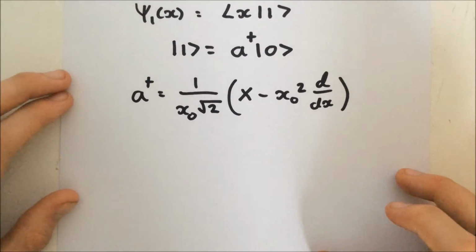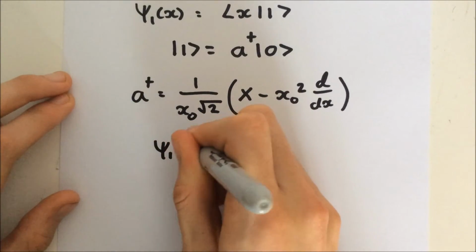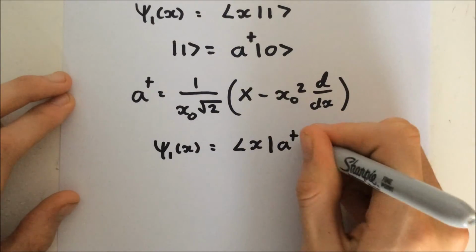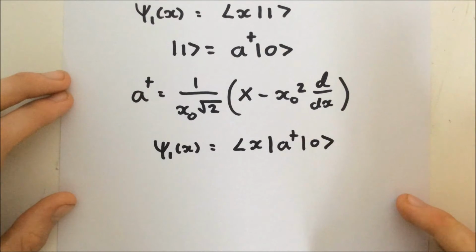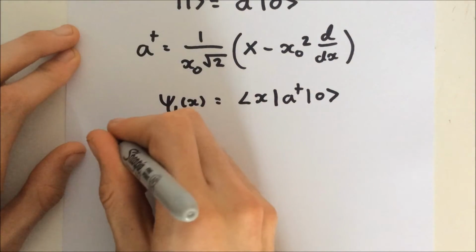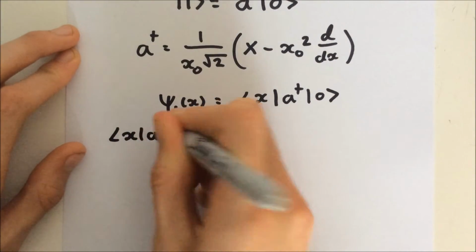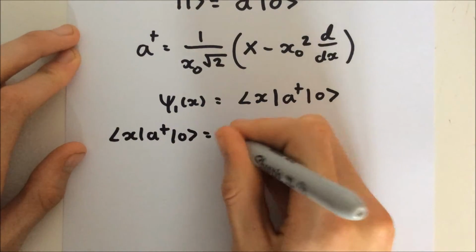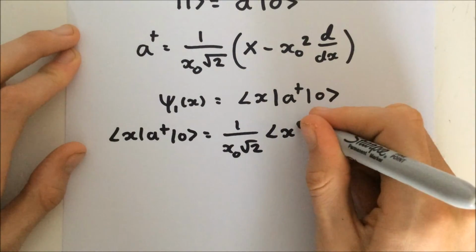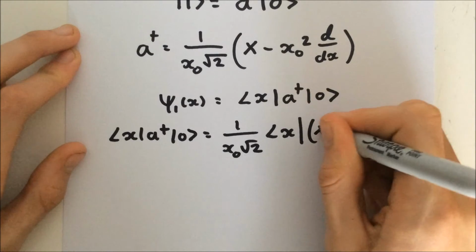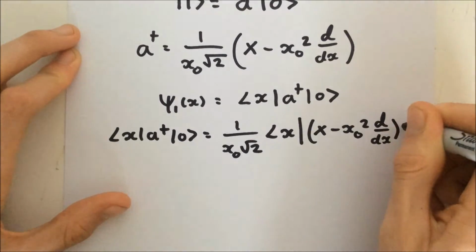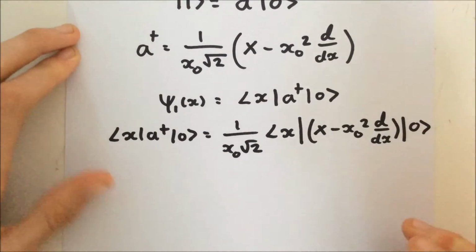So therefore, psi 1 of x is equal to this. We just put in the creation operator, like so. So what's this equal to? We have the inner product of x with a dagger acting on 0 equal to 1 over x naught square root of 2, and then we have x, put in the creation operator, which was x minus x naught squared times the derivative, like this, and that's acting on the ground state.